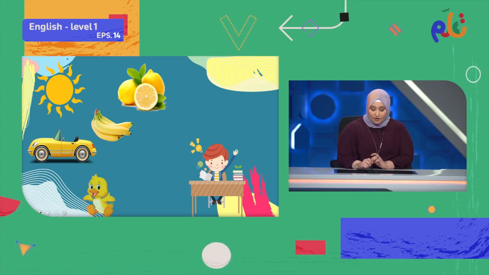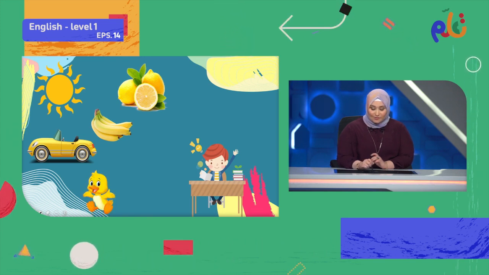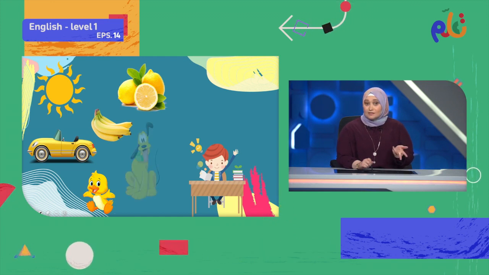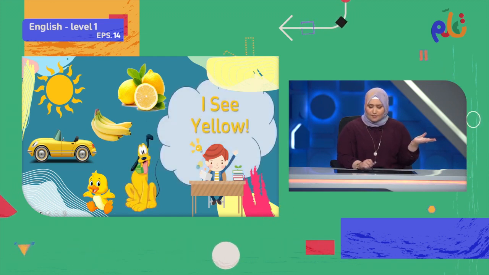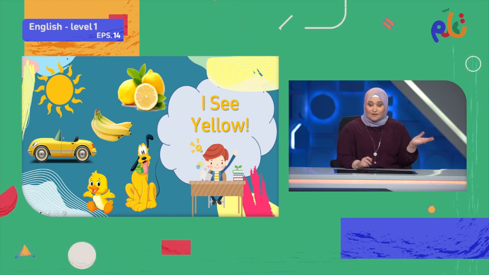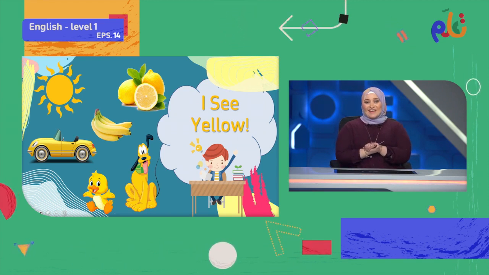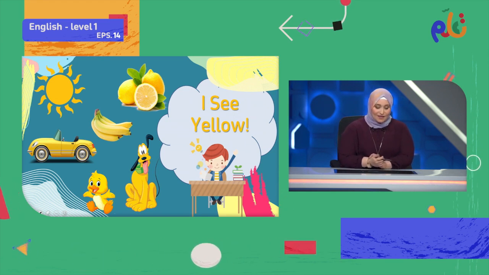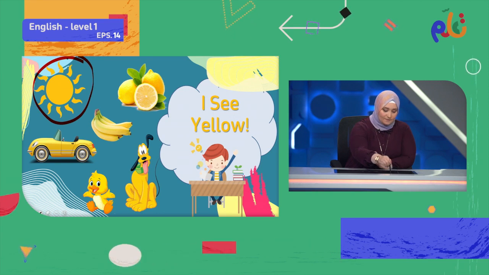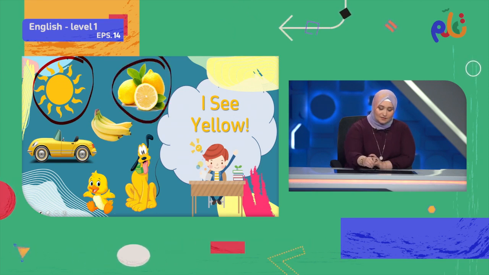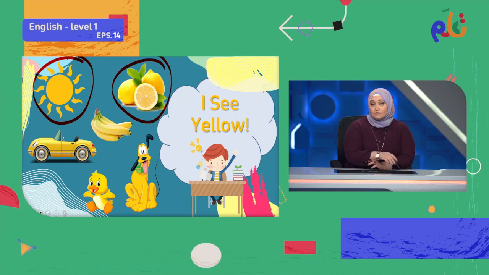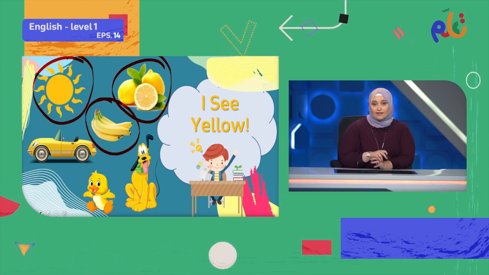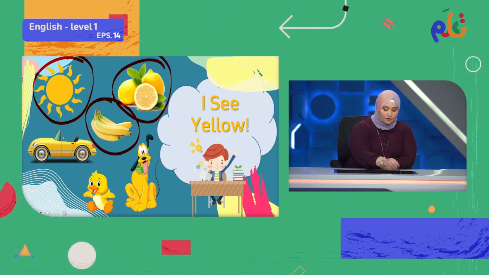Okay, we have more. Who could tell me what color we're going to talk about now? I see the sun, bananas, lemons. What's the color we'll talk about now? Very good. Yellow. We are talking about the yellow color. Here we have the sun, lemons. All of these items are yellow.